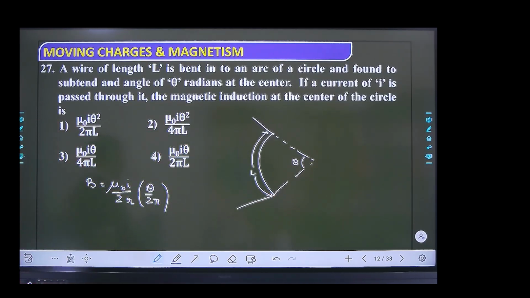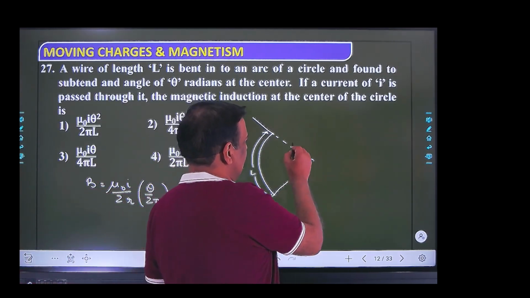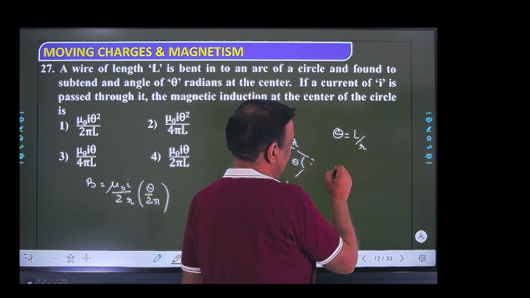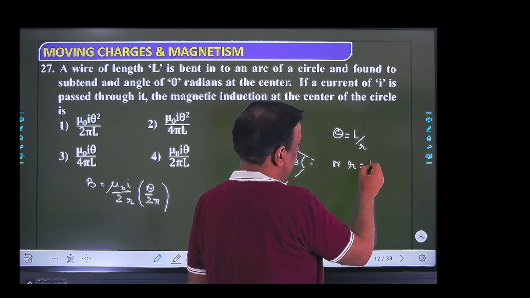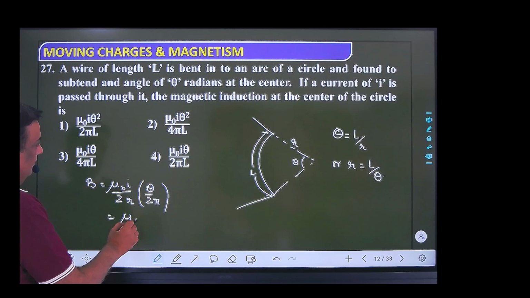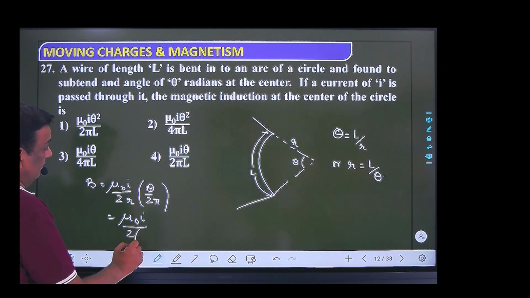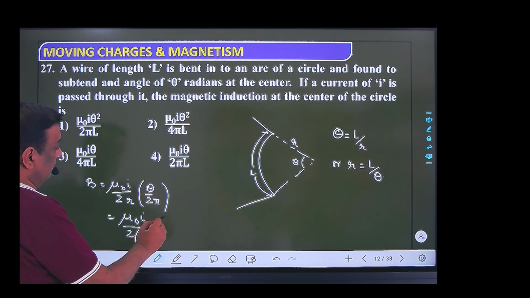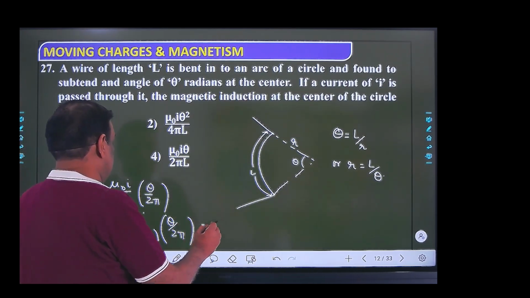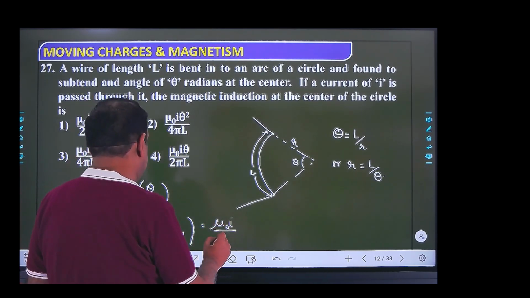इस केस में फॉर्मूला क्या बनेगा? Because you can use that theta is equals to L by R, R is equals to L by theta. ये substitute.